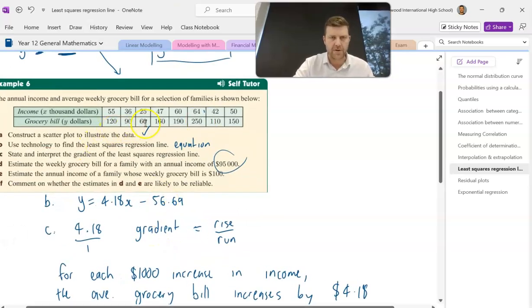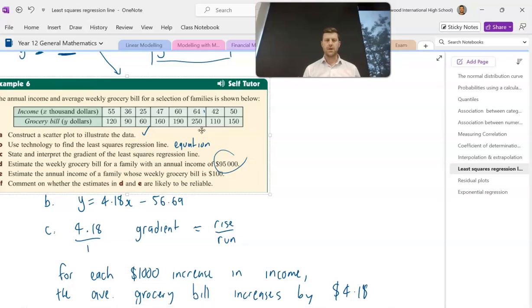Look, there's a value that's less than 100 in the Y value, so 60, and there's a value that's greater, 120 or even 250. So my answer to E is reliable because it's interpolation. We're interpolating that prediction from between the poles.